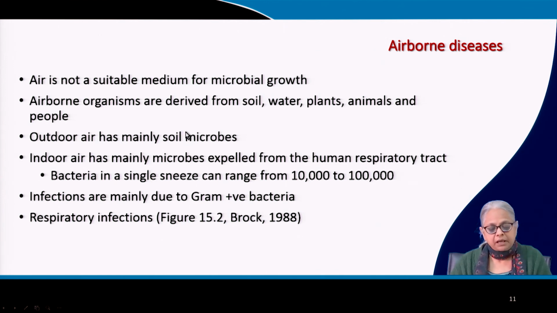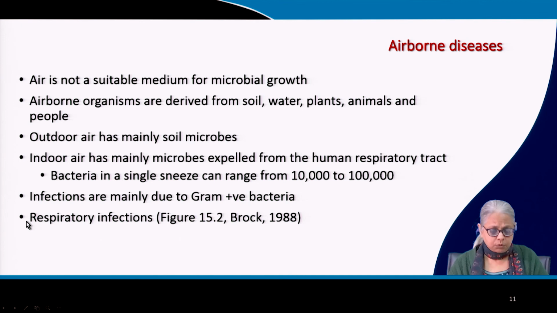So outdoor air has mainly soil microbes. Indoor air has mainly microbes expelled from the human respiratory tract. So in a single sneeze, the number of bacterial cells can range from 10,000 to 100,000 cells. Most airborne infections are due to gram-positive bacteria.